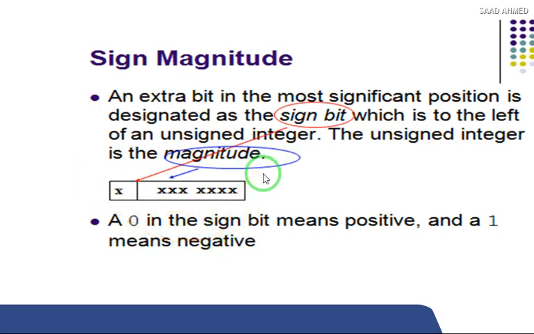In the sign magnitude system, in 8 bits the 1 bit MSB is considered the sign bit, and the remaining 7 bits are considered the magnitude. The sign bit tells the processor whether it is a positive or a negative number: if this bit is 0, it is a positive number, and if it is 1, it is a negative number.